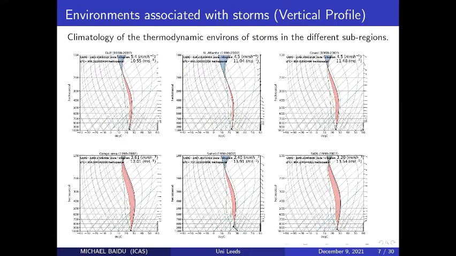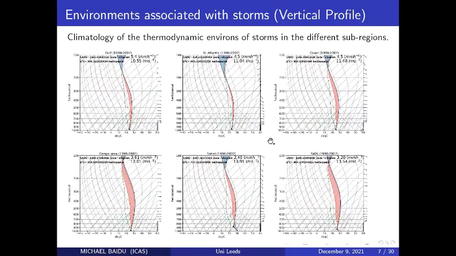All the storms that affected the Gulf, all the storms that affected the North Atlantic, we put them together, and then we study the environmental conditions associated with them. So we try to define the main environment associated with the storm. What I am showing here is a vertical profile along the storm composites for each of these regions.